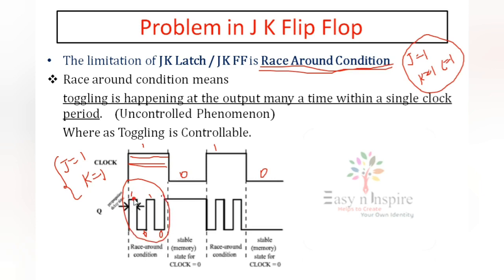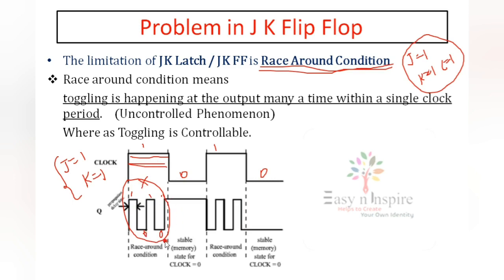So it is not a constant value. This type of output values are not accepted in any electronic application or electronic devices. Listen once again carefully. Within a single clock period, the output is changing from 1 to 0, 0 to 1 and so on. So multiple outputs occur, and this type of condition is not acceptable.